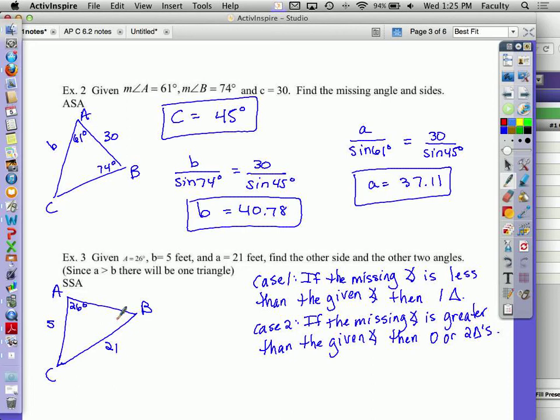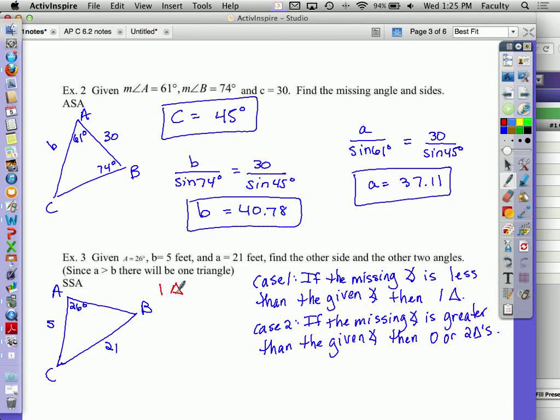Okay, so if I look at angle B, I've got to remember my geometry, that from the largest side, its opposite angle is the largest angle. Across from B is 5, across from A is 21. So that means angle B is smaller. So this means I have one triangle, no worries.